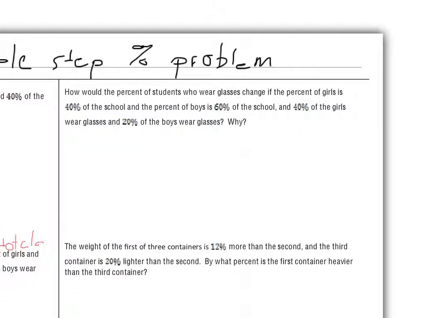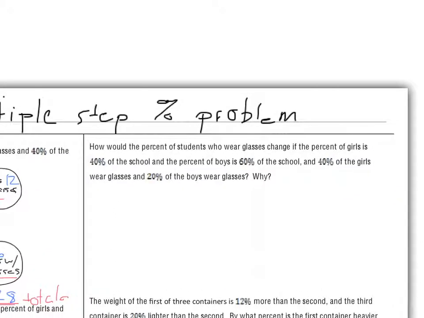So coming over here, we want to do the same thing. Now we're actually switching up the composition of our school in terms of boys and girls, so we've got to start from scratch. So go ahead and see if you can set up and do this problem on your own. So jumping through this, we're still starting with our whole school.